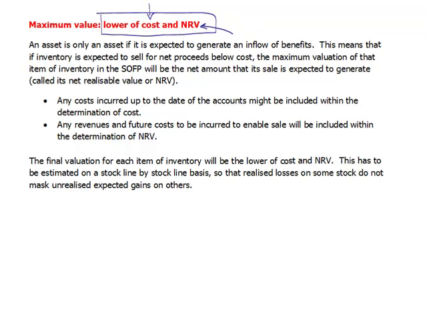And if we expect that we would get less, so the NRV will be less than the cost of making it, then we need to reduce the inventory value to that NRV. When could this happen? Well, this usually happens with damaged goods, with obsolete stock, obsolescence maybe due to legal changes or technological advancements. All these things may lead to us having to reduce the value of inventory.